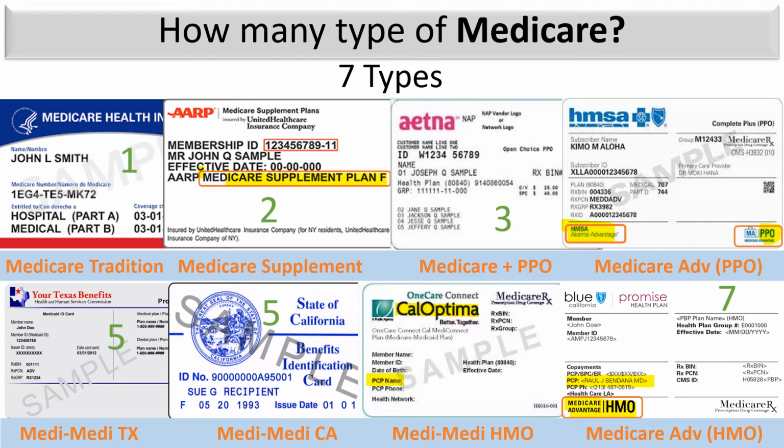I move the old number 3, which is Medicare and PPO. I will tell you the difference between Medicare and... No, I moved number 3 to number 7. Before, number 7 was number 3.